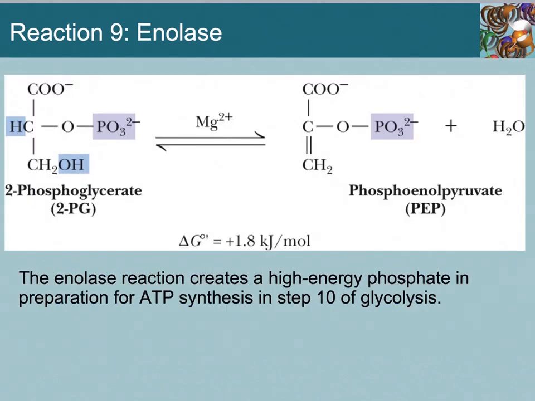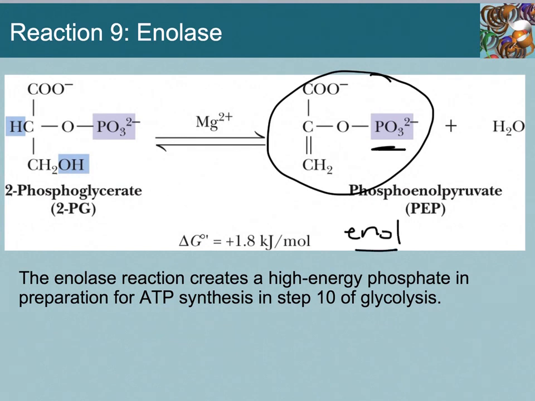The enolase catalyzes this formation of the phosphoenol pyruvate because, as I said, this molecule here has a higher potential for transferring this phosphate group. The reason is that the enol is less stable than the 2-phosphoglycerate.